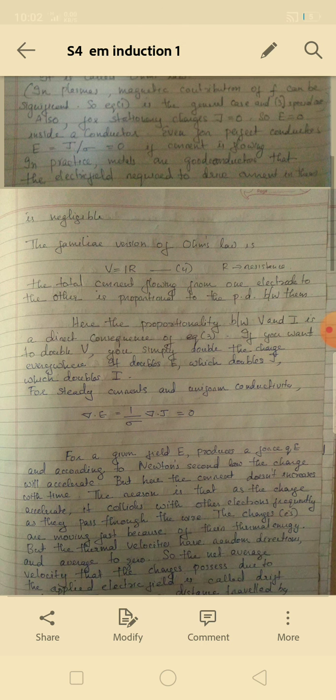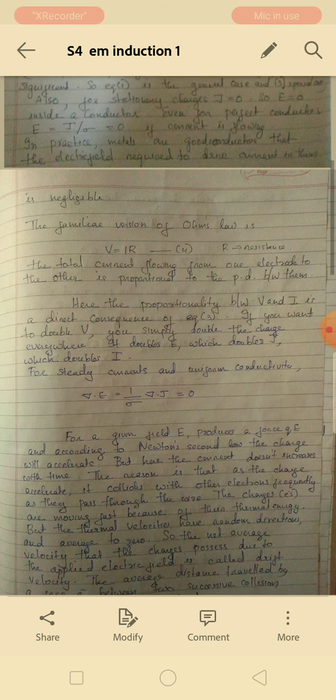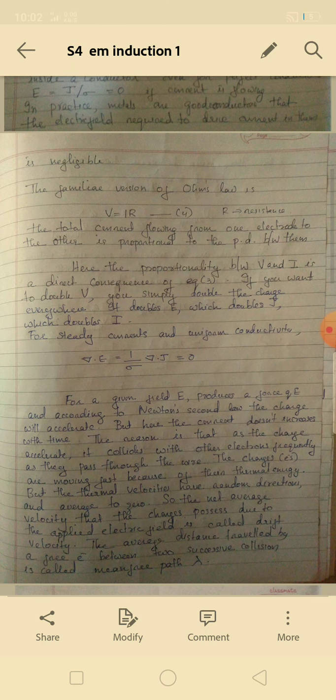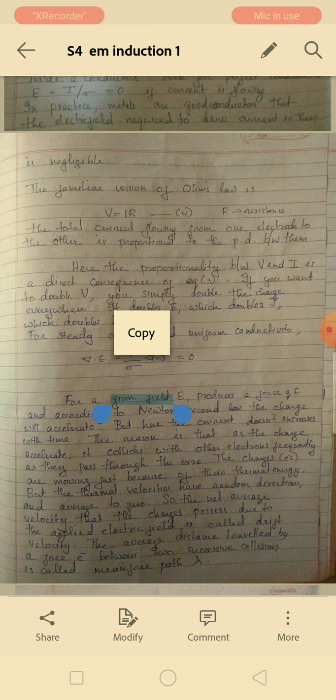Okay, and the familiar version of Ohm's law, V is equal to IR. Here the proportionality between V and I is a direct consequence of our generalized equation J is equal to sigma E. Because if you want to double the potential difference, we have to double the charge everywhere.